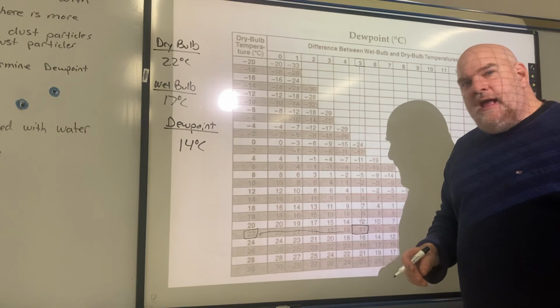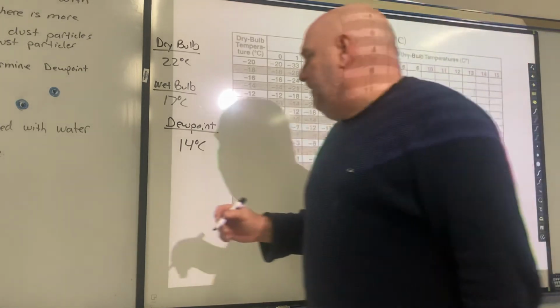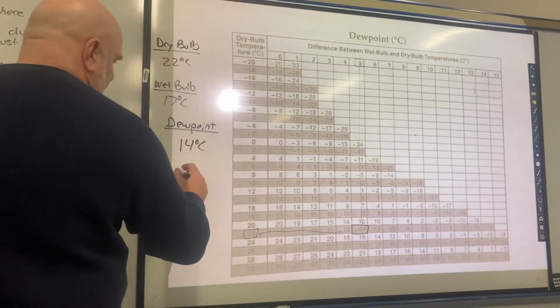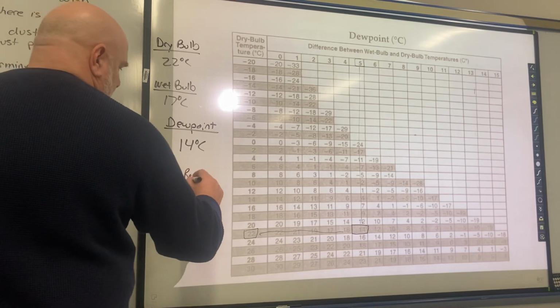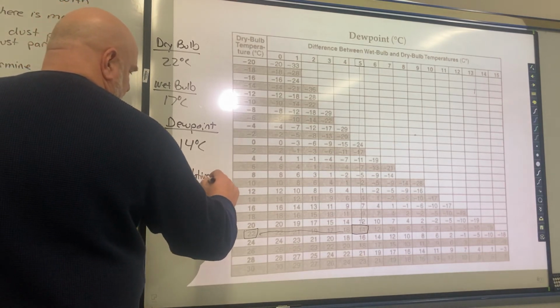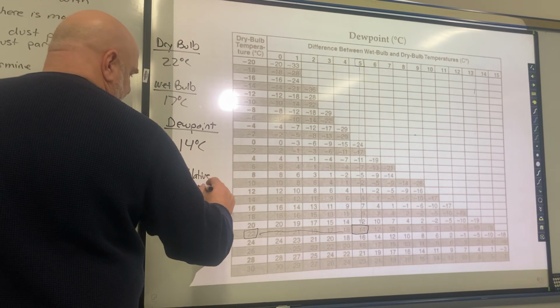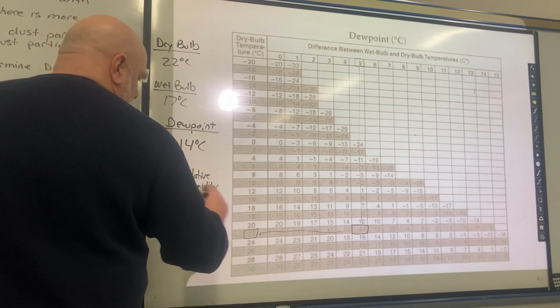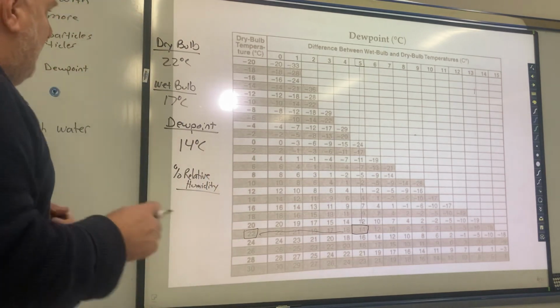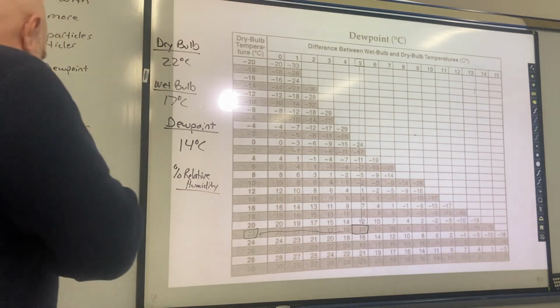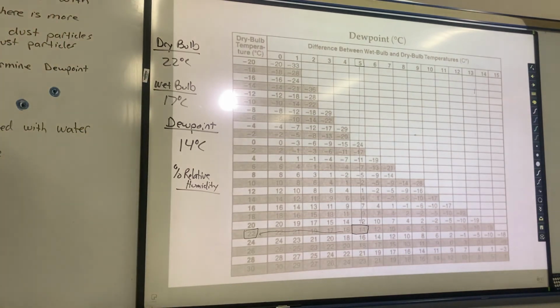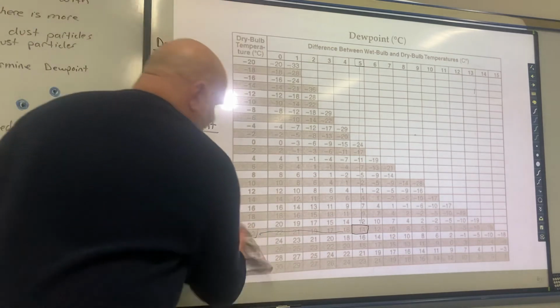Next, I want to find my percent relative humidity. To do that, I'm still going to use the same wet bulb and dry bulb data, but I have to use a different chart.